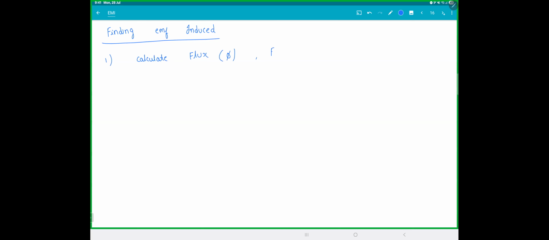And then find the magnitude, dΦ by dt. This will give you the magnitude. Step two, check whether the flux is increasing or decreasing. Step three, check the direction of B external.